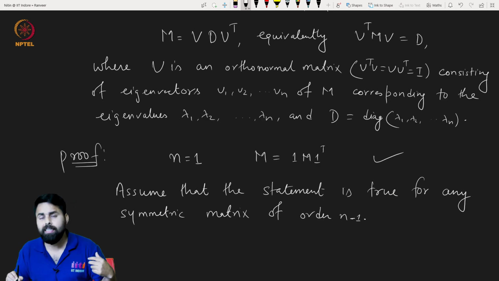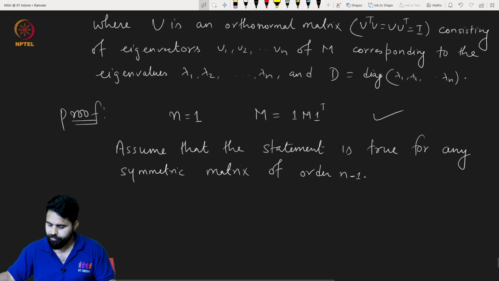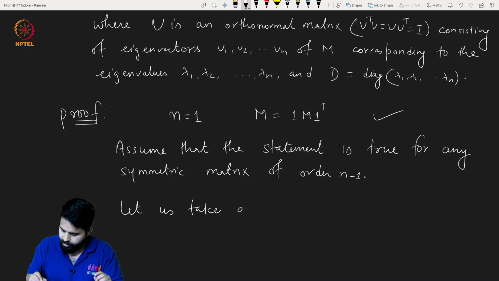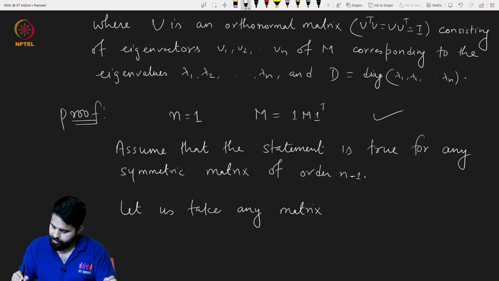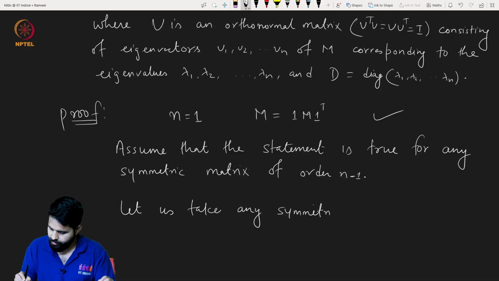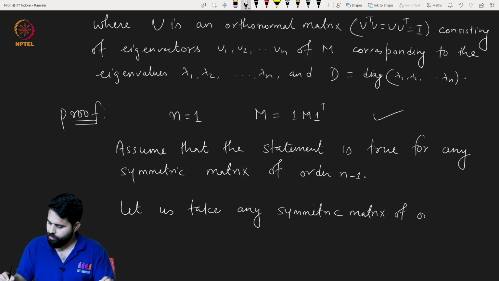Now, this is the inductive assumption. Let us take any matrix which is symmetric, of order n, or n cross n.